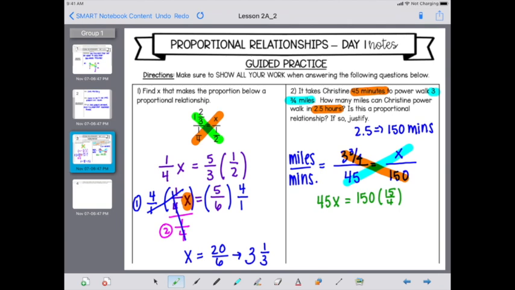Once you divide and multiply, you're going to get 45x equals 562.5. Divide by 45 on both sides. You don't have to worry about a reciprocal or a fraction.